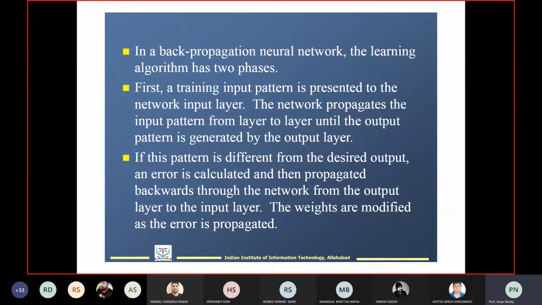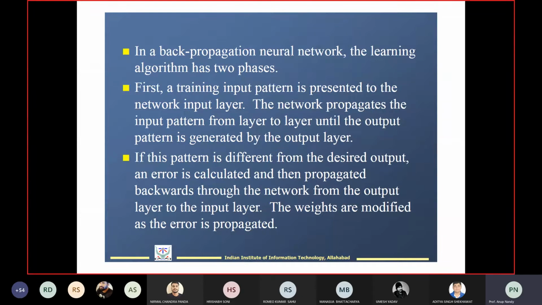First you generate the output in the output layer, then you check whether your desired output matches the actual output or not. If not, then the error is generated. This error you need to minimize. How? You need to back propagate it in the backward direction.